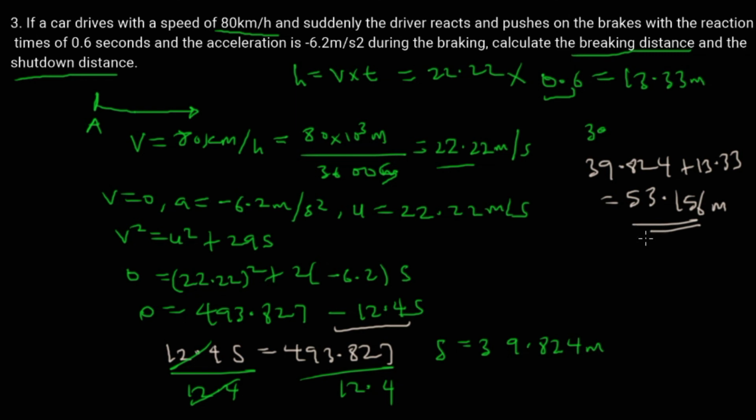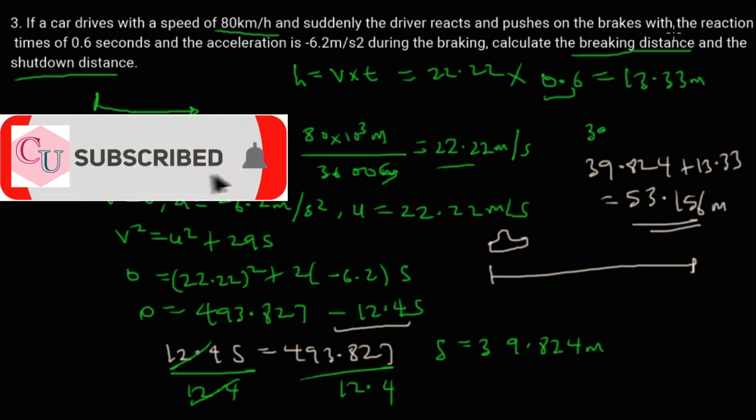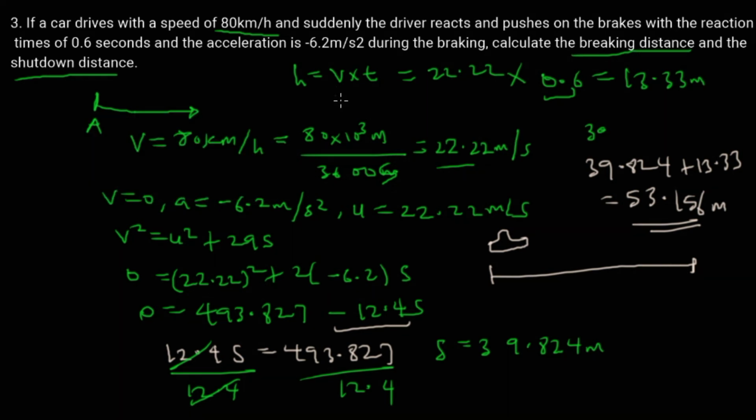So this is the shutdown distance, the distance the car is required to move throughout the whole journey, and this distance will determine if the car will collide with the object ahead or not. And it is the sum of the braking distance and the thinking distance.